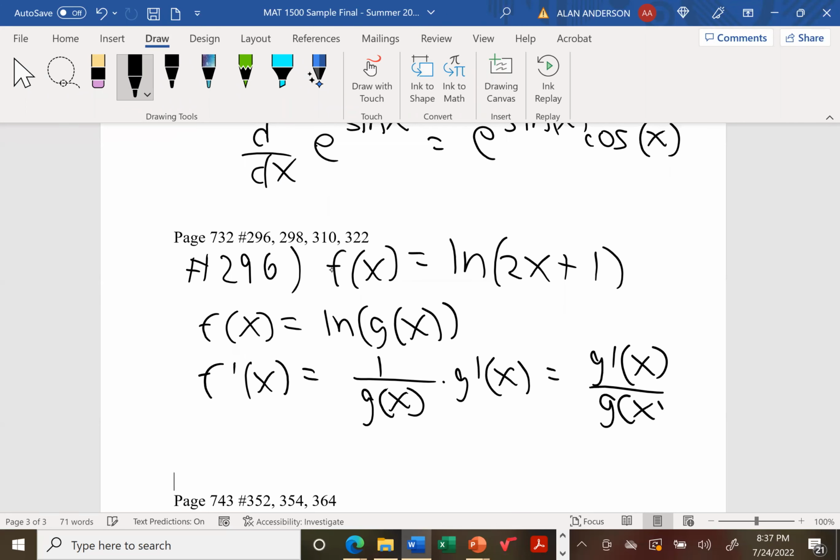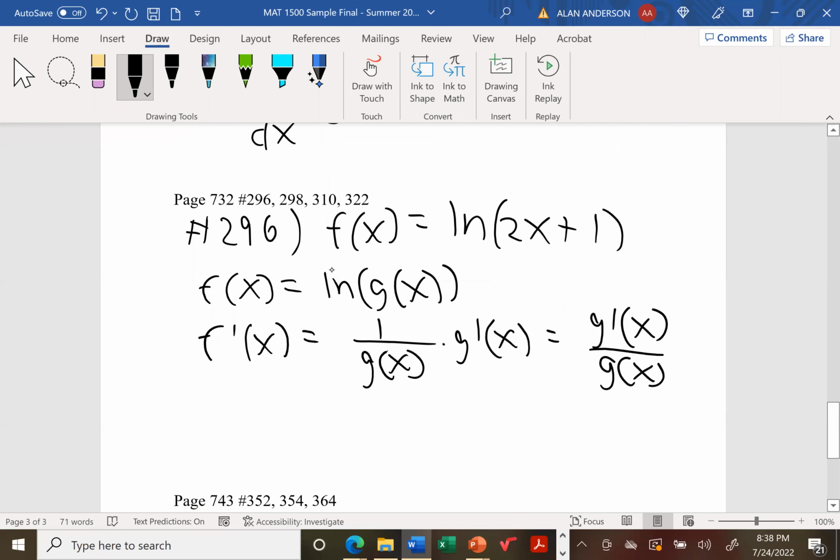It's very straightforward. So in this case, since g of x is 2x plus 1, that implies that g prime of x is 2.